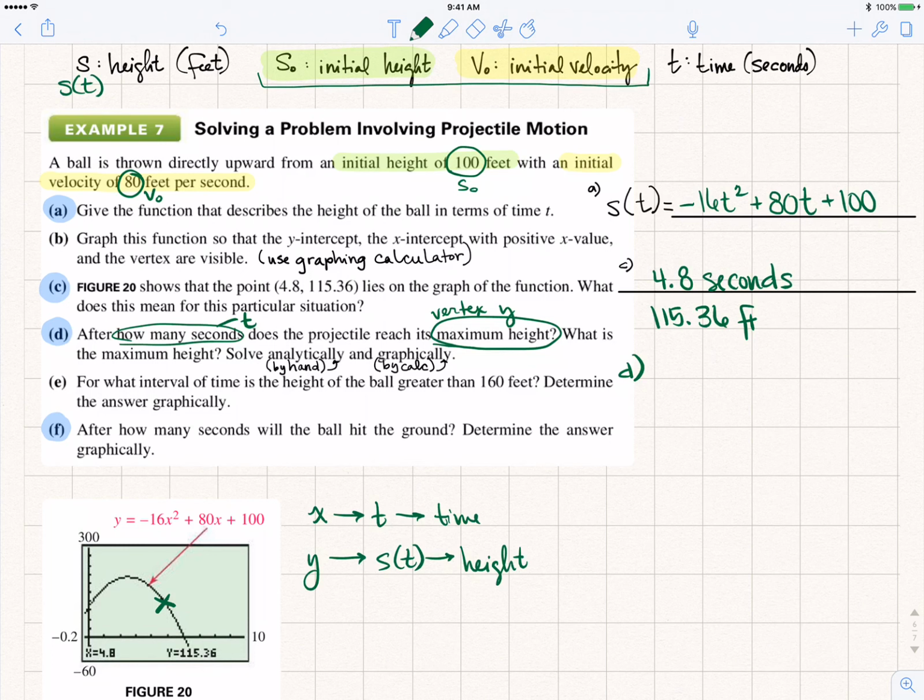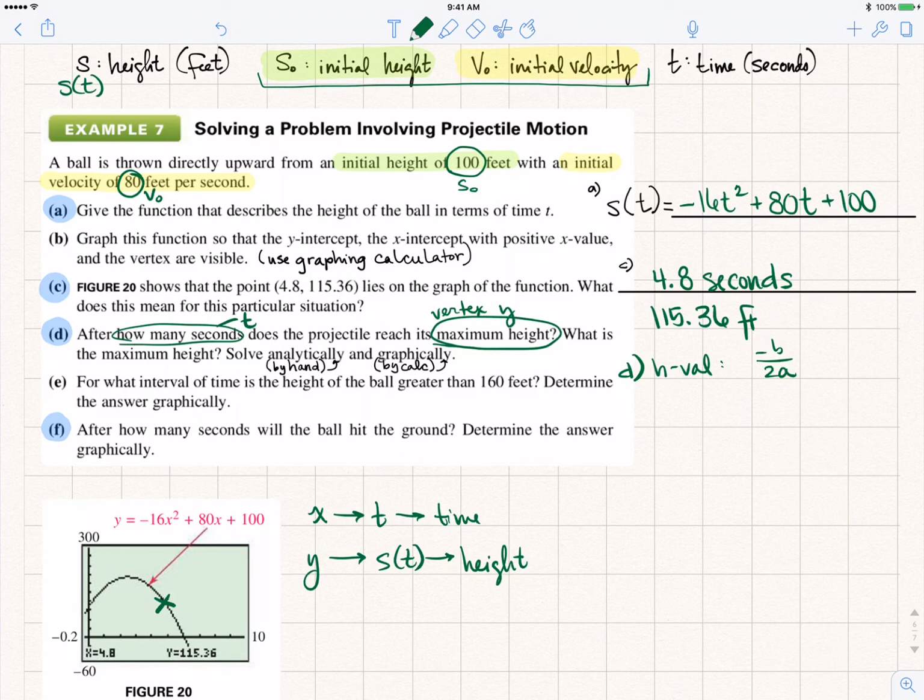Now I know how to find maximum. We have a shortcut for that. The x piece, the h value of my vertex, is going to be negative b divided by 2a. Well, the h value is the same thing as my x value. The x value is the same thing as my time value. So I just need to find this piece.